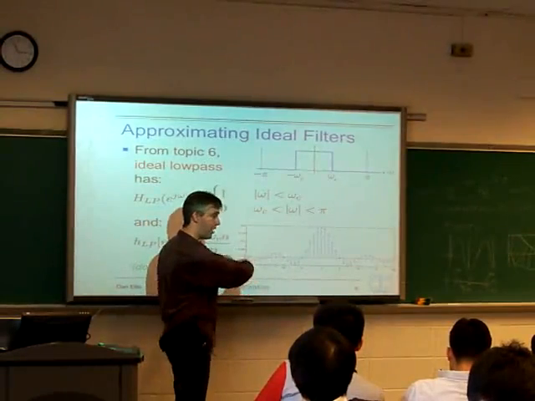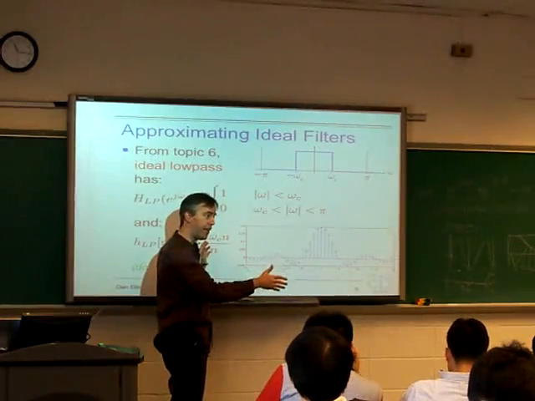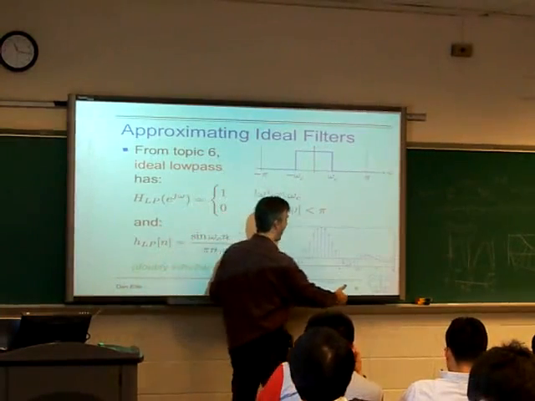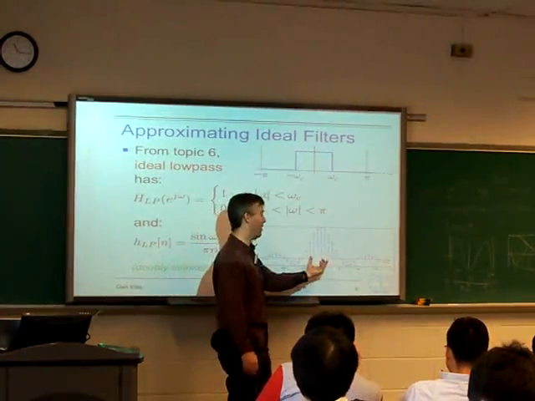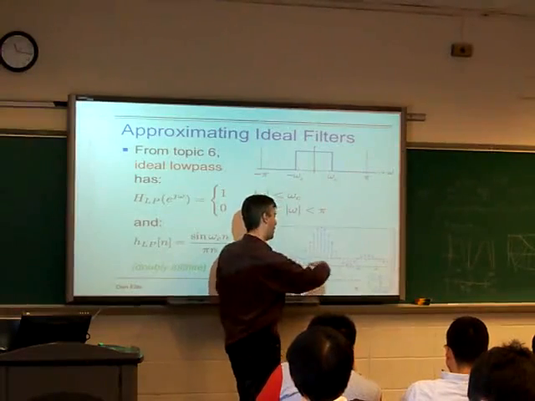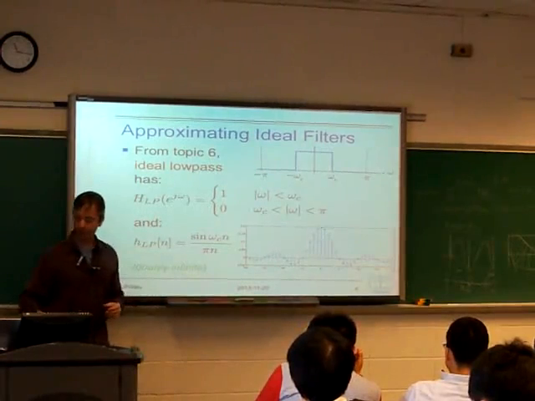The sinc function goes on forever, so we can't exactly implement it in a finite number of points, but we can get the best finite length approximation, which is simply to take the middle points here. Just take as many as we can cover, and then forget about it beyond that, set it to 0.